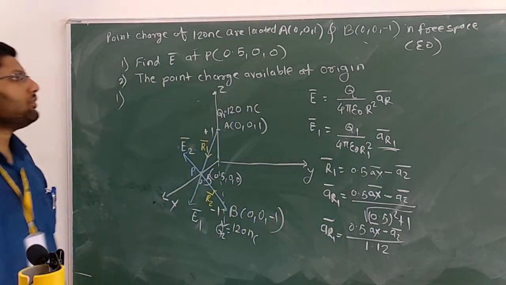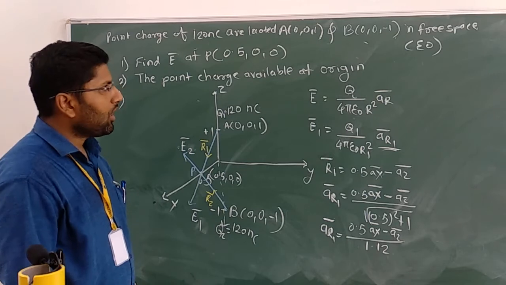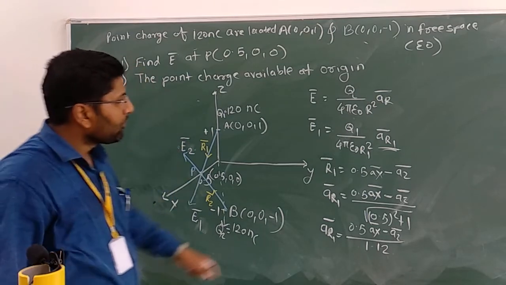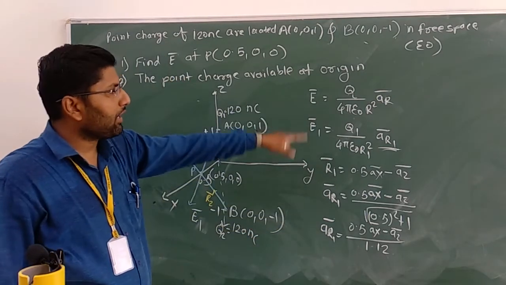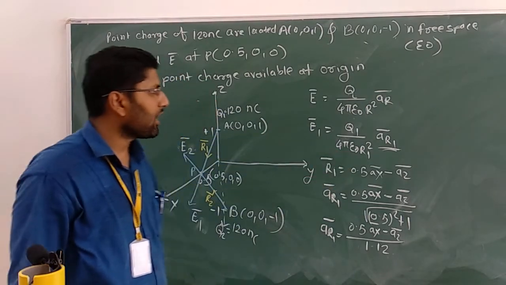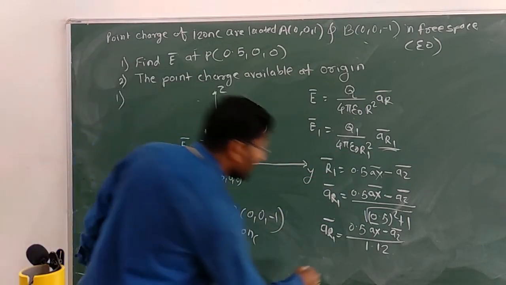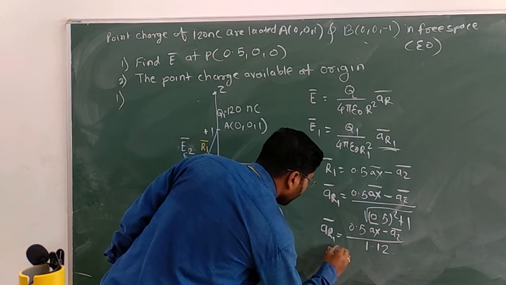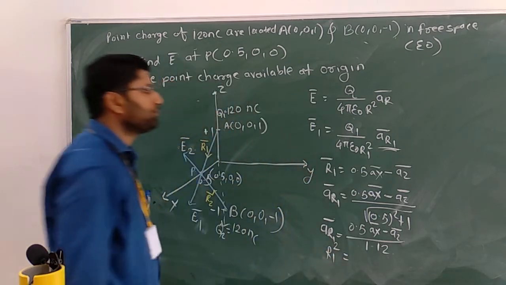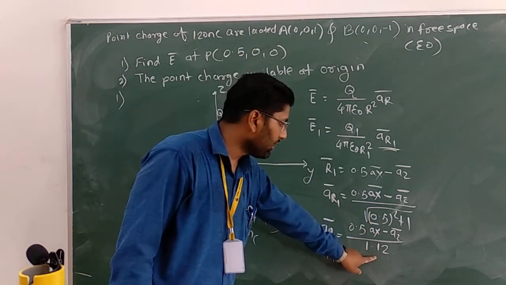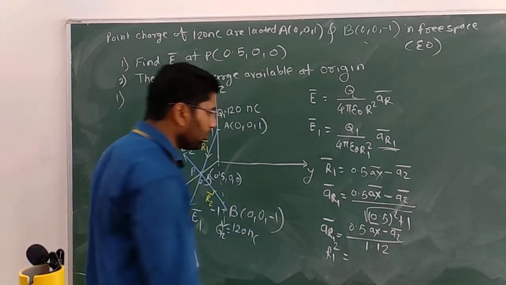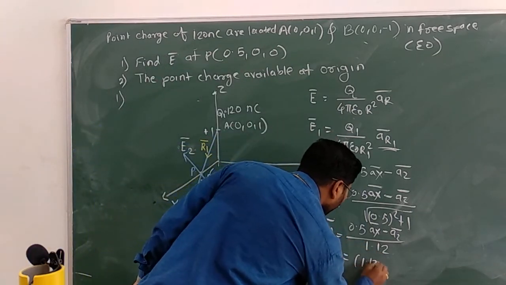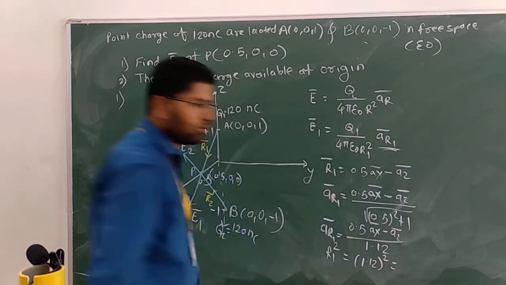Now we have calculated AR1 bar. Now R1 square. What is R1 square? The modulus is 1.12, so 1.12 square is equal to, what is the answer?